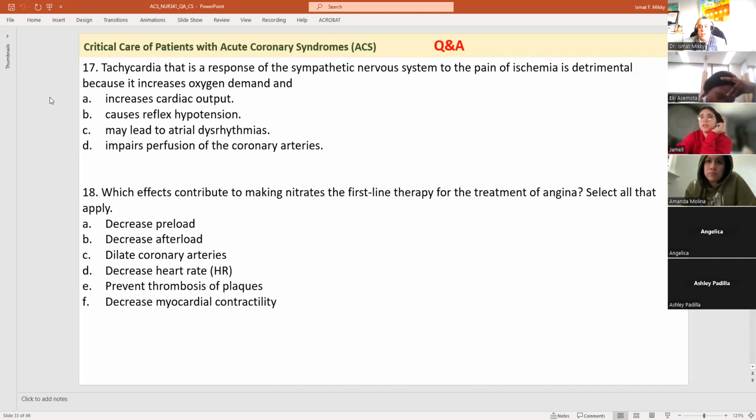Tachycardia that is a response of the sympathetic nervous system to the pain of ischemia is detrimental because it increases oxygen demand. So the increase in the heart rate will decrease the time for the heart to spend in diastole.